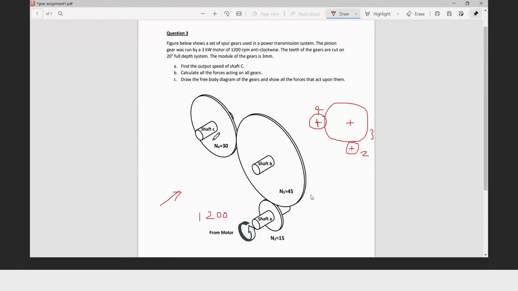Okay, what is the speed of gear 4? Try a little, what is it? Just the first part A only. Forces come later, the second part we focus on forces. What is the speed of gear 4? Quick. Calculate now.